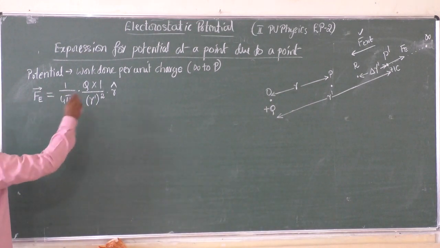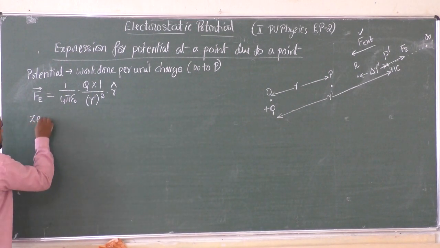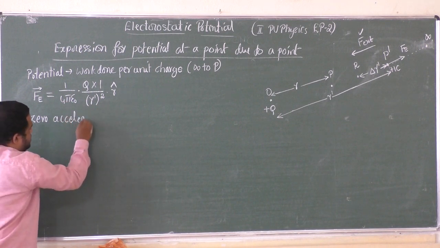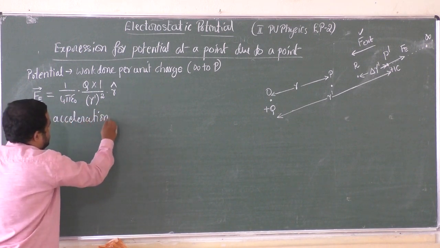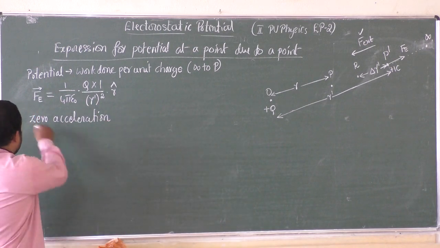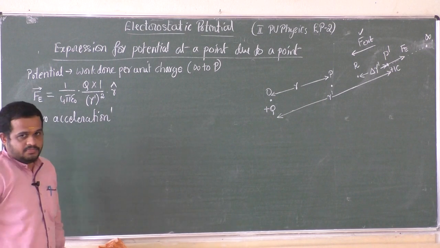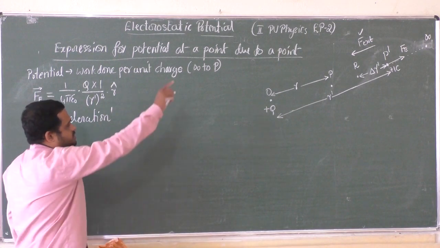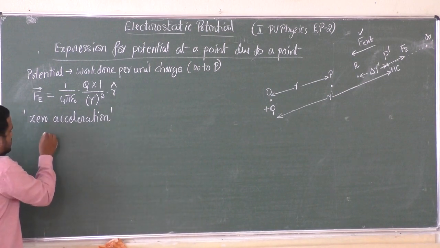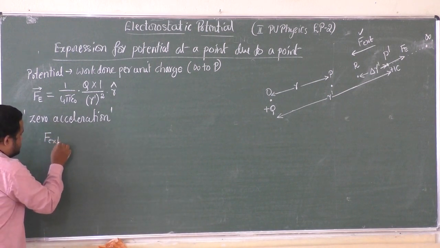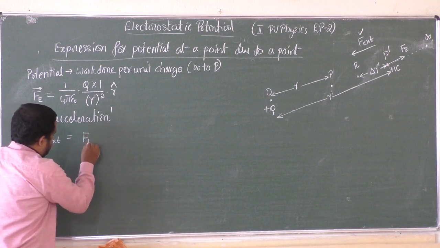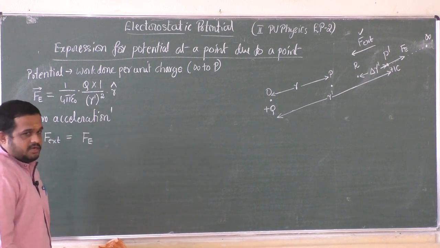And if you want to move that charge with zero acceleration, without producing any acceleration or without changing the velocity as well as the kinetic energy of that unit positive charge, the condition required is that F external must be equal to the electrostatic force in magnitude.